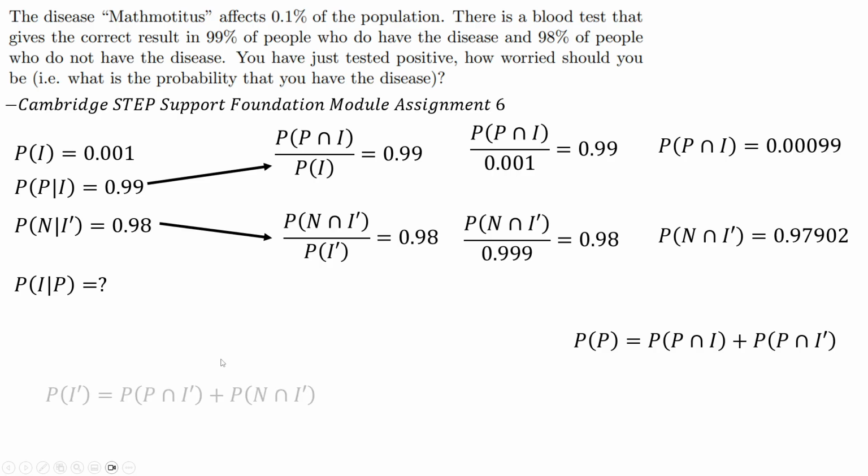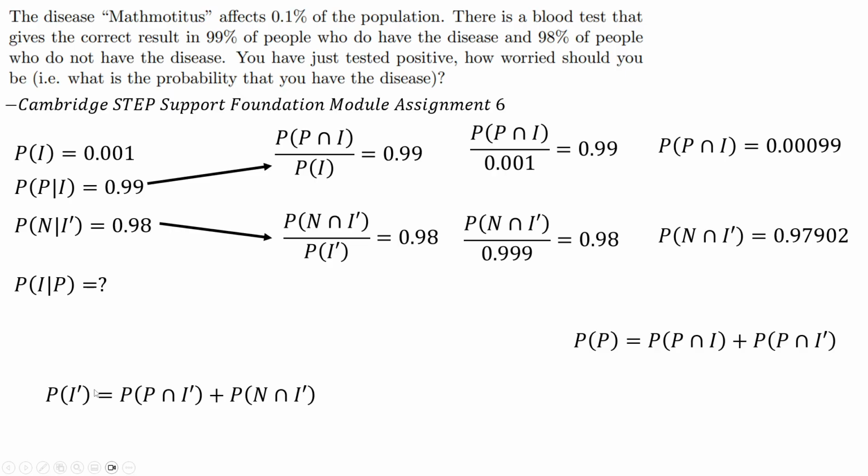Okay, and now let's consider the probability of not being infected. This doesn't mean testing negative, it just means not being infected. Either I tested positive and I'm not infected, or I tested negative and I'm not infected.